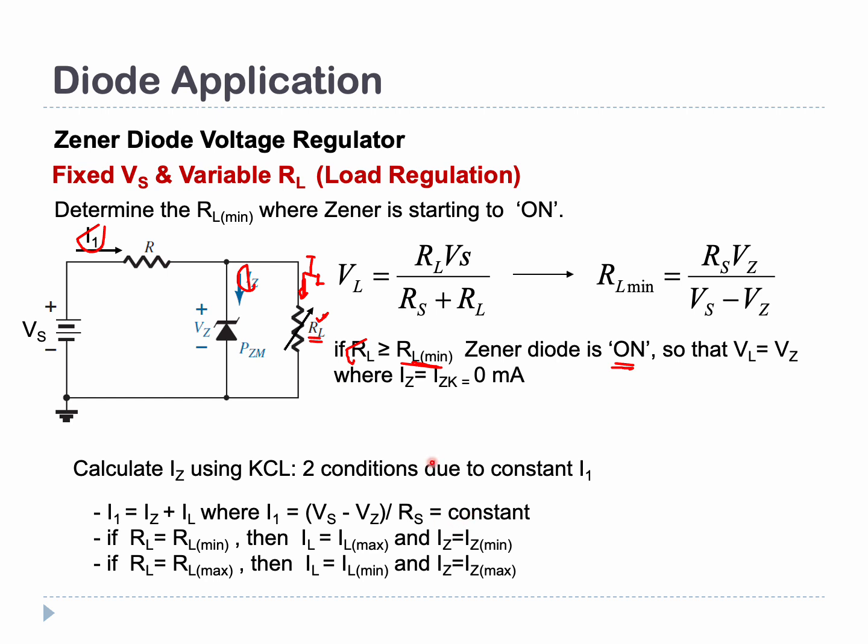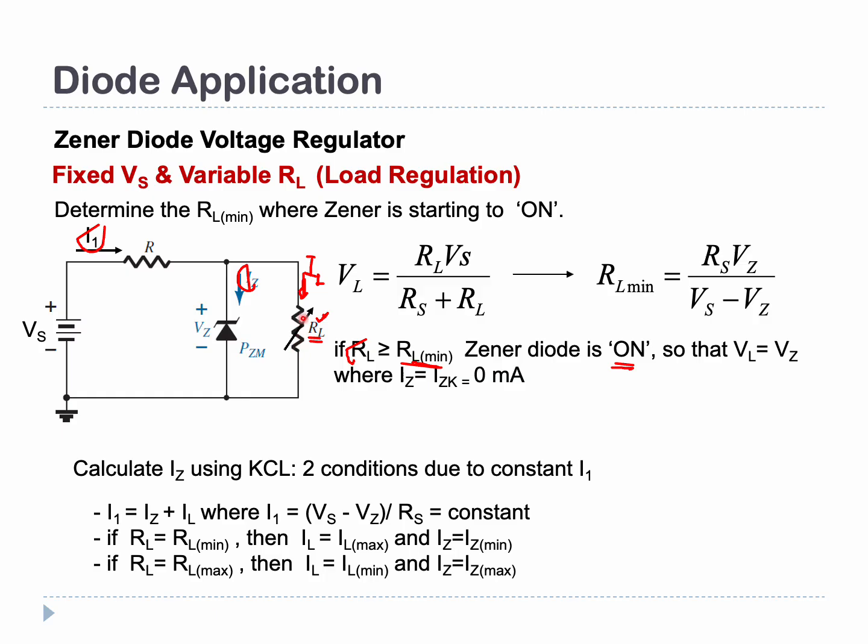Remember, when you have a fixed Vs, when your source voltage is fixed, your current I1 will also be constant. The only currents that will not be constant are IZ and IL. They depend on the value of the resistor RL.